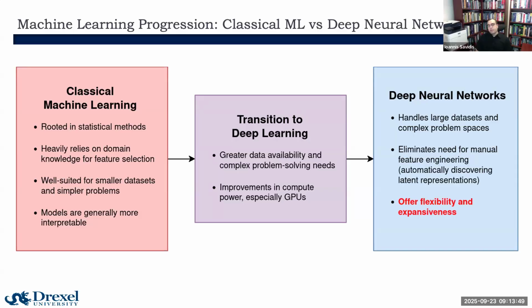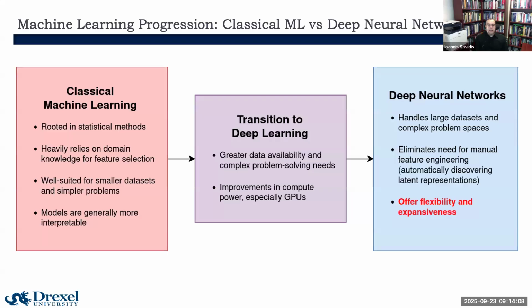And then the shift towards deep learning is largely driven by the availability of larger data sets and the need to solve more complex problems. Improvements in, of course, computational power, especially with GPUs, have enabled the training of large neural networks that would have been impractical a few years ago.